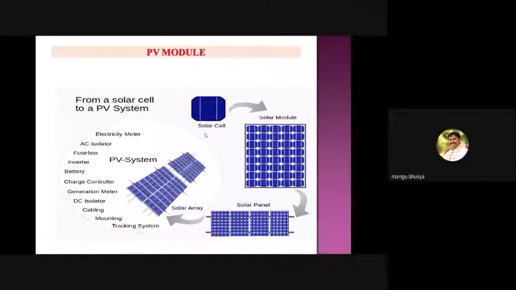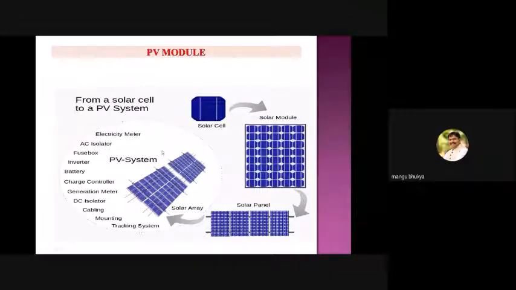But to run our load, the power supplied by a single solar cell is not sufficient. So the solar cells are connected either in series or in parallel.